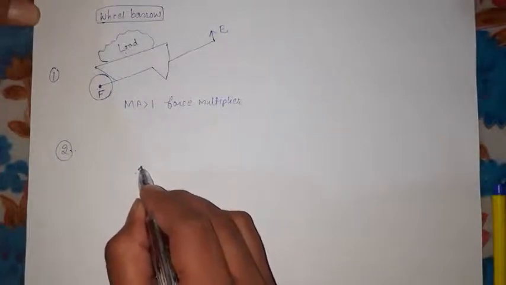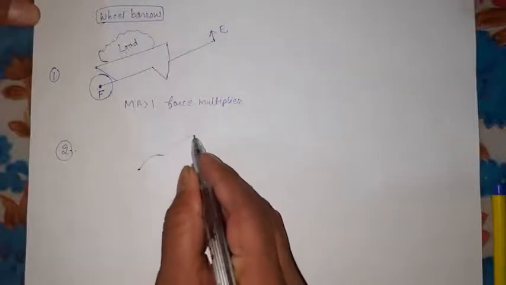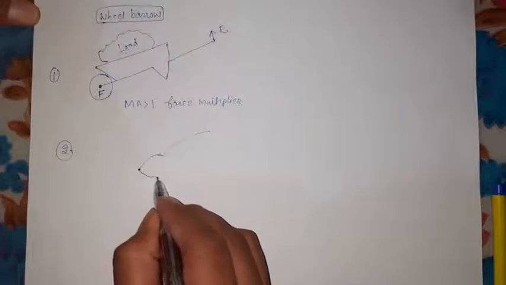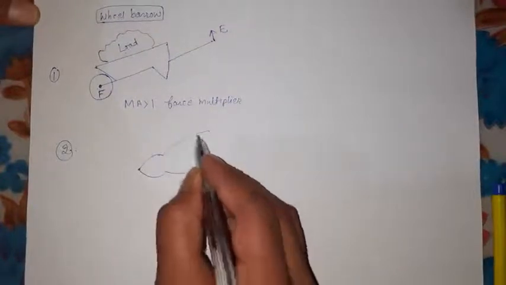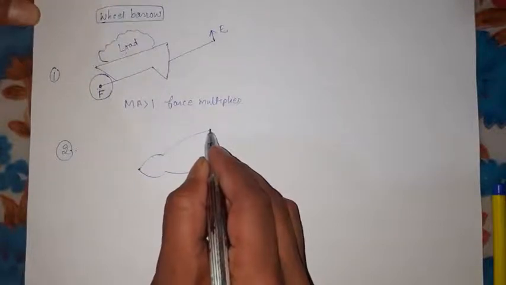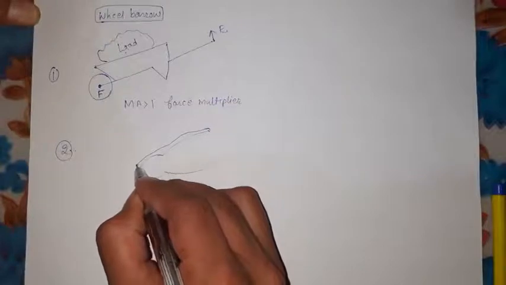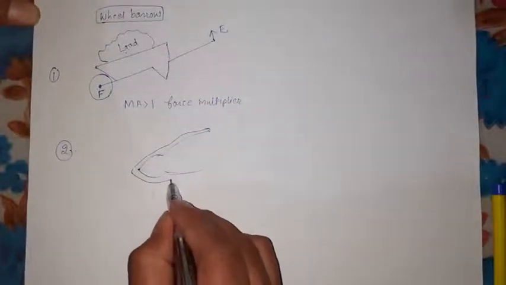So let us look at this nutcracker. It makes it easy for us to crack nuts which are very hard. This is almost the nutcracker diagram which I am going to show.